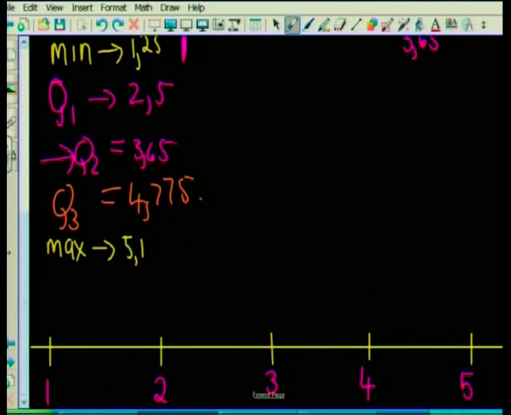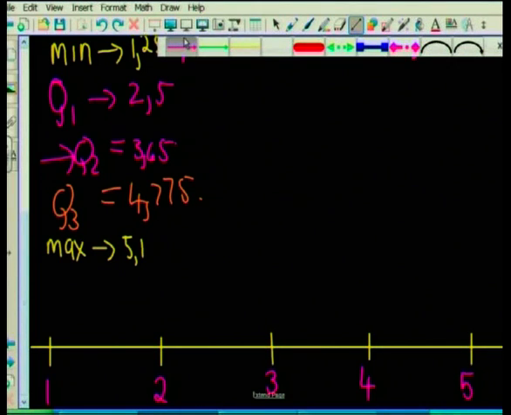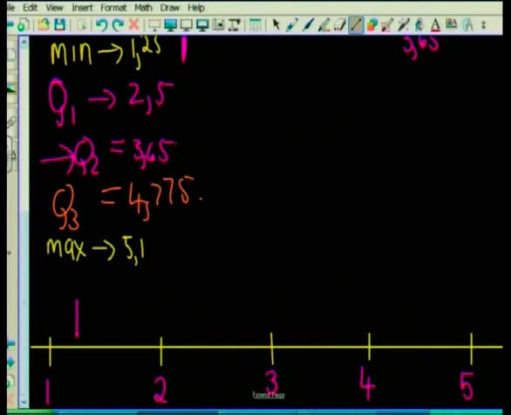Right. Now I'm going to get my line out again. My first line will be on 1,25. There's a halfway between 1 and 2. So let's say that's about there. Next line will be for Q1, which is 2,5. There we go. Then 3,65.